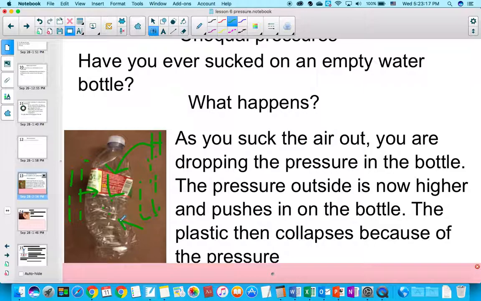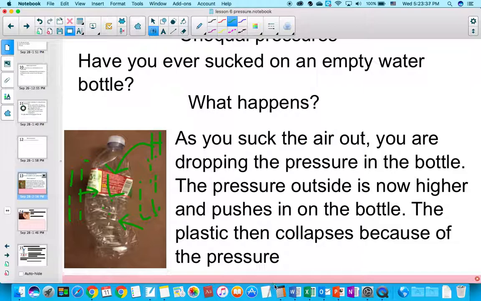It collapses the water bottle, right? As you suck the air out, you are dropping the pressure in the bottle. The pressure outside is now bigger than the pressure inside and pushes on the bottle. The plastic then collapses because of the pressure, right? The pressure is high here, pressure is low here because you've sucked all the air out.